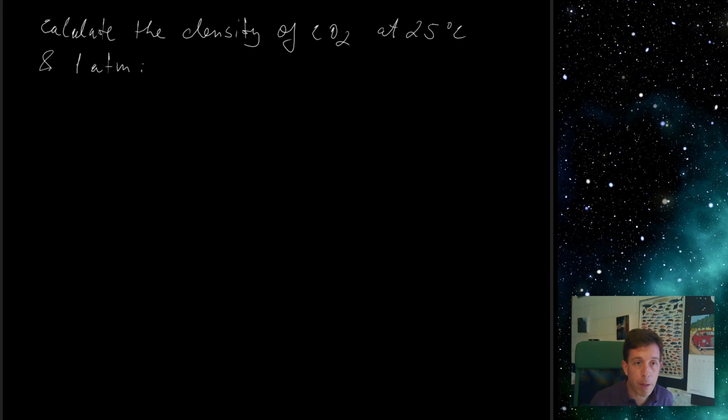So all we have to do right here, the density then is equal to the pressure times the molar mass divided by RT. And then we just plug this in.